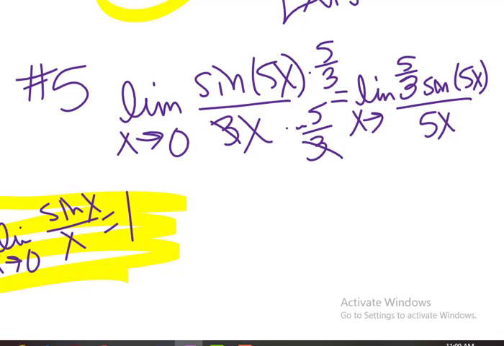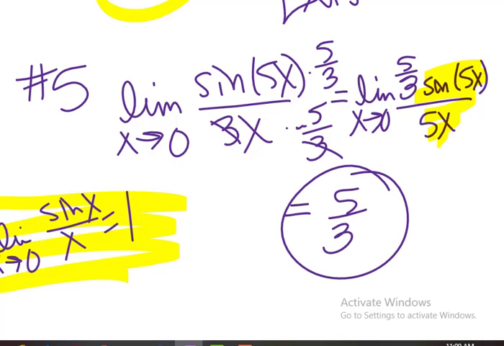Now this piece that I'm highlighting goes to 1 as x goes to 0. So our limit ends up being 5/3.